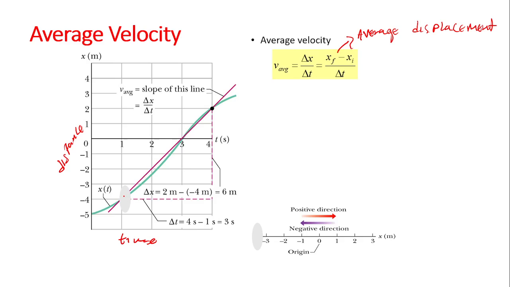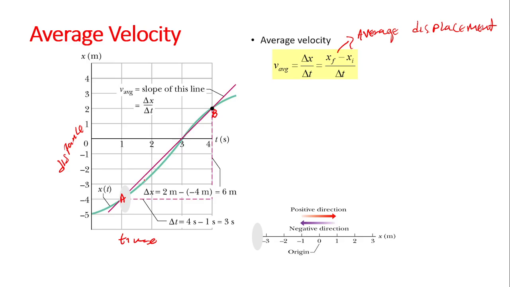Let's say this particle, this is point A and that one is point B. You start with the final minus the initial. Point B will be your final, which is XF, and point A will be your initial.